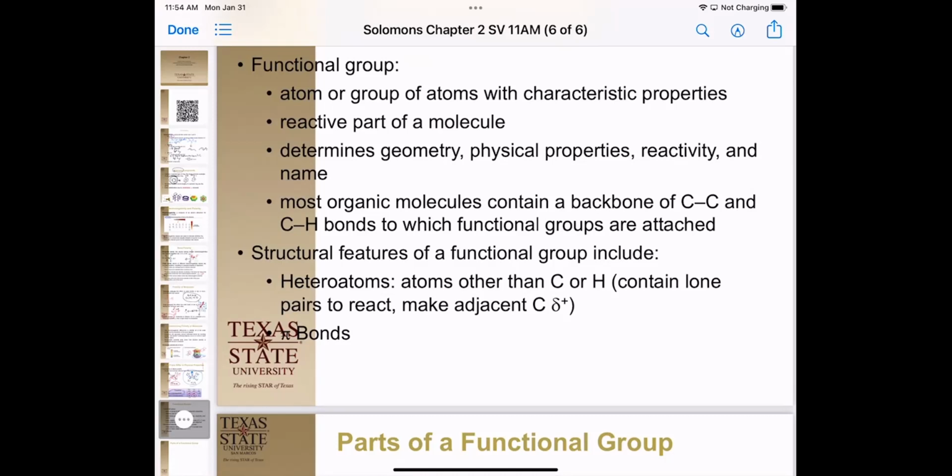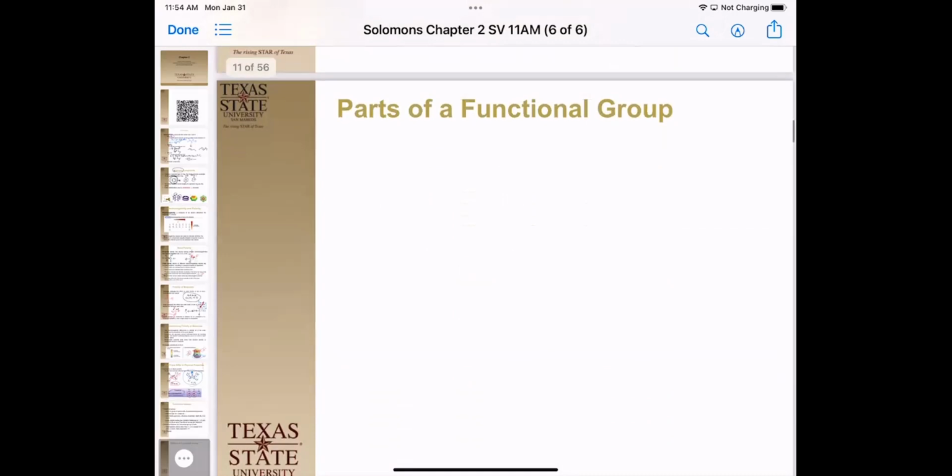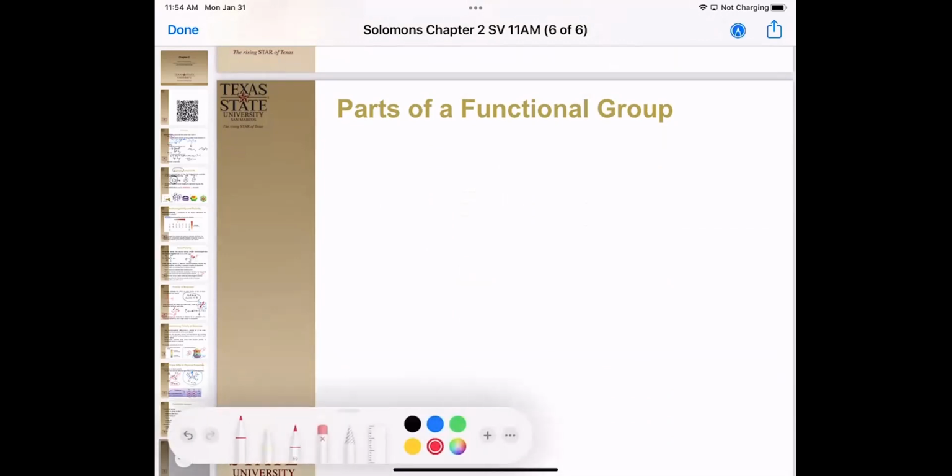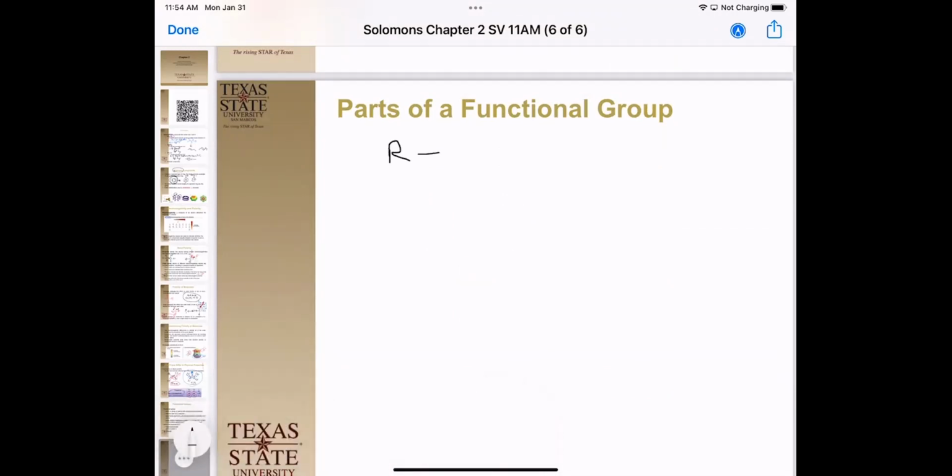Questions? Nope. All right. So what are the parts of our functional groups? Most of the time when we see functional groups, we're going to use a generalized form to show you the interesting part. And chemists usually use R. R is any alkane, alkene, or alkyne if it's not the part of the chemistry that's working.